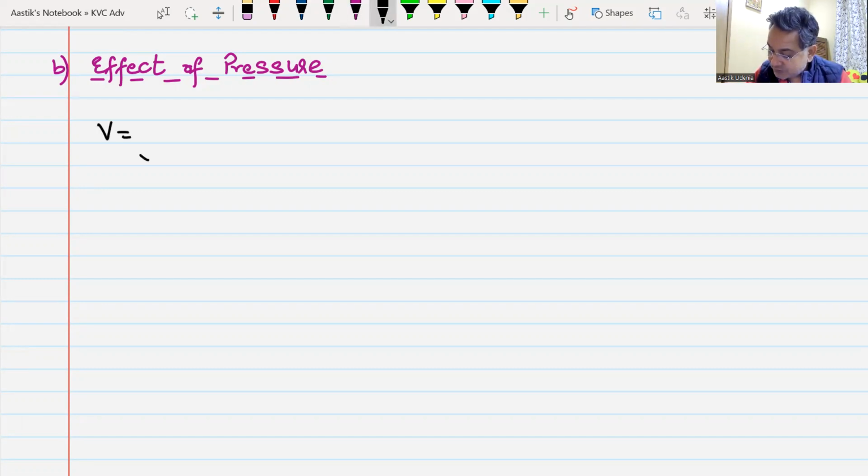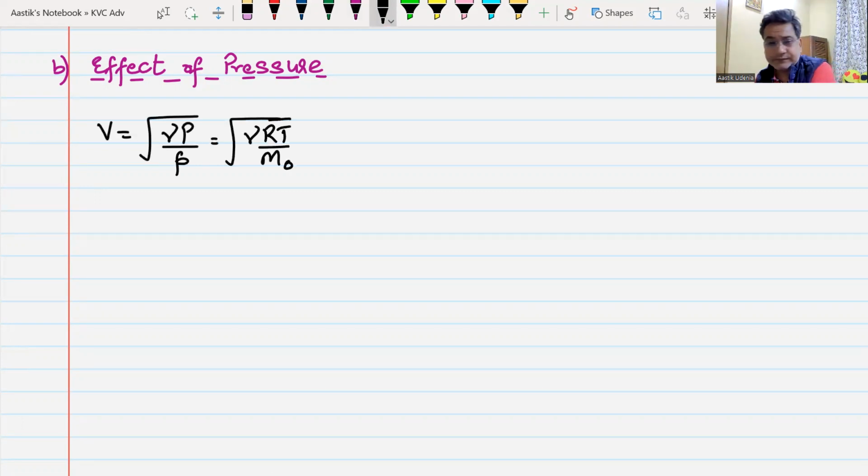We know V is under root of gamma P by rho, which can be written as root of gamma RT by M naught. So what do you think is the effect of pressure on the speed of sound? If you increase the pressure, will the speed of sound increase or decrease? What is the effect of pressure? Increases. With increase in pressure, the speed of sound increases.